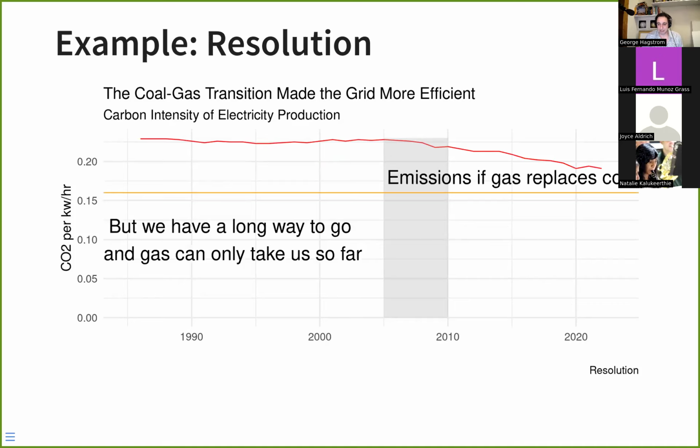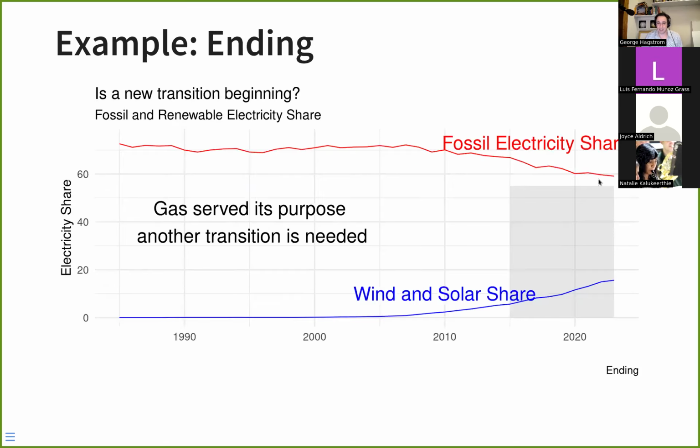Eventually, if we were to replace all the coal power in the US with natural gas, we would basically be stuck at about this line here. And that line is very far from zero, as you might imagine. So we need to do something else.